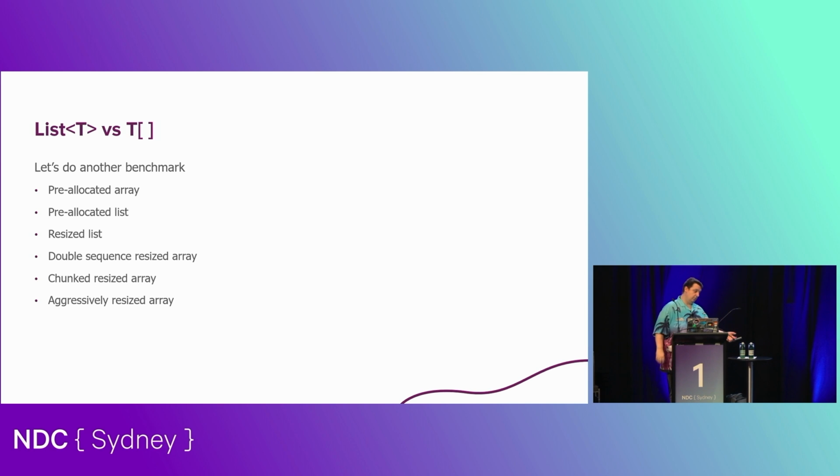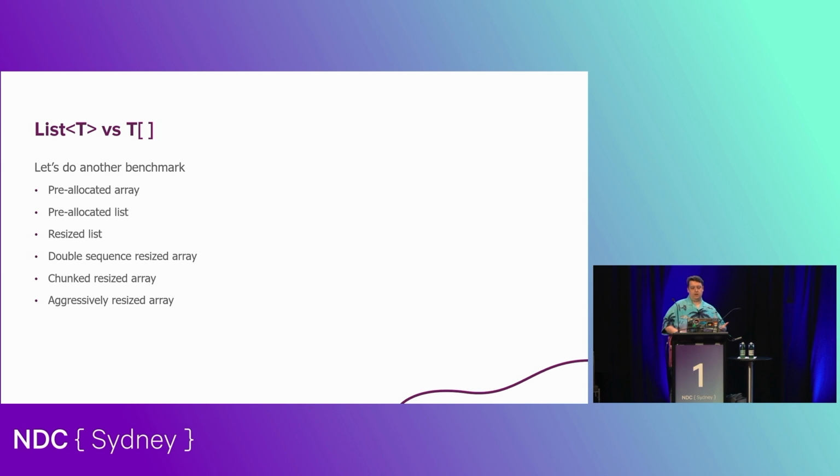I said, you're not wrong. So let's find out what's the fastest way. But then I was like, it's going to be easy to just say pre-allocated array versus pre-allocated list. What if I am stupid and just say, I'm going to do new list and see what happens?